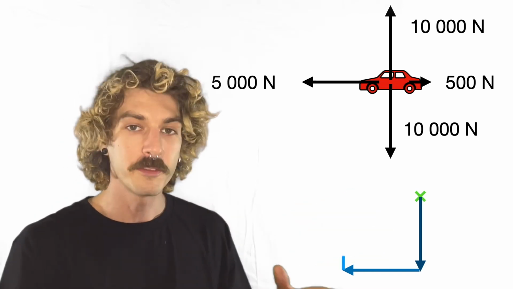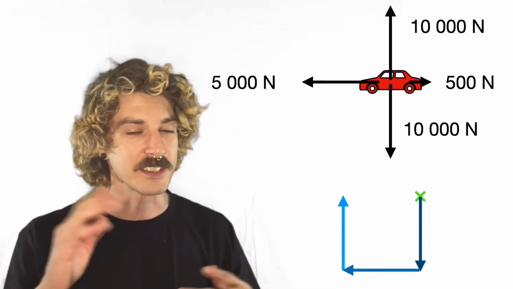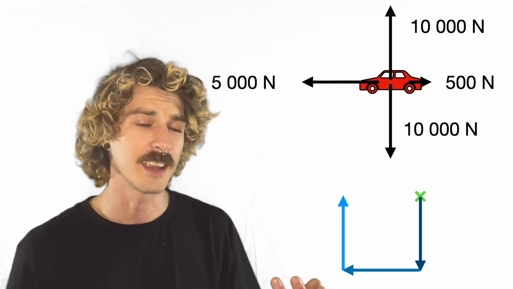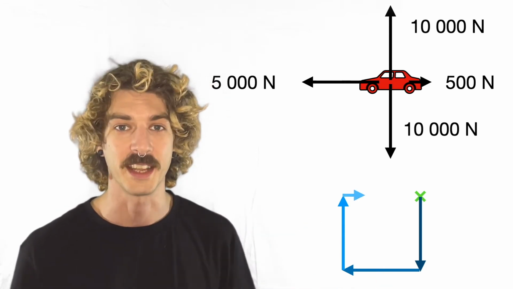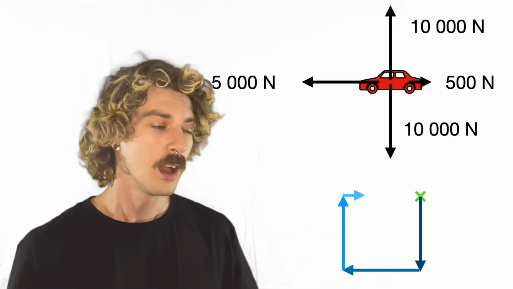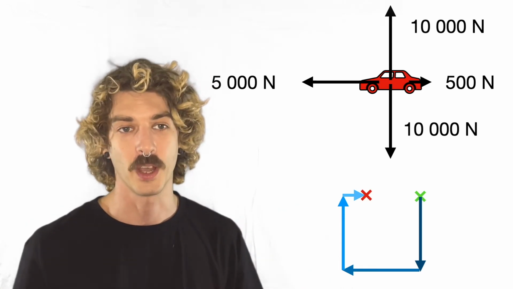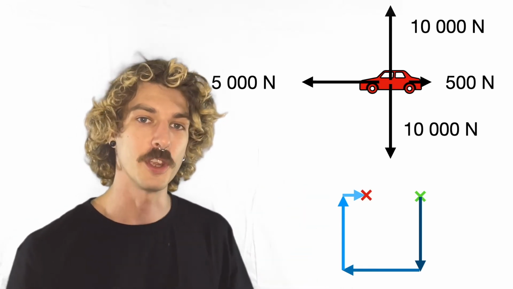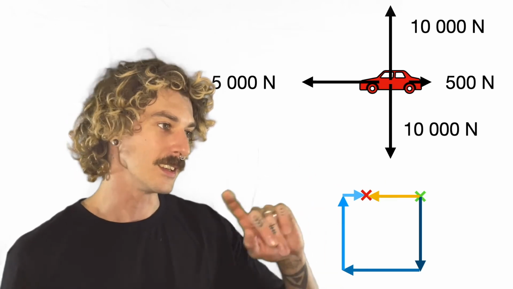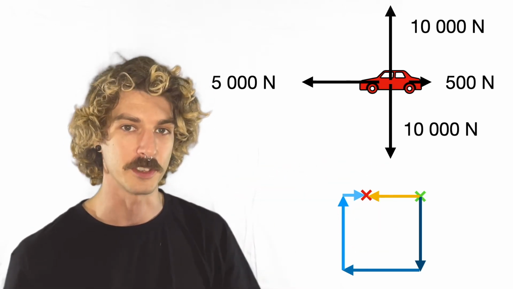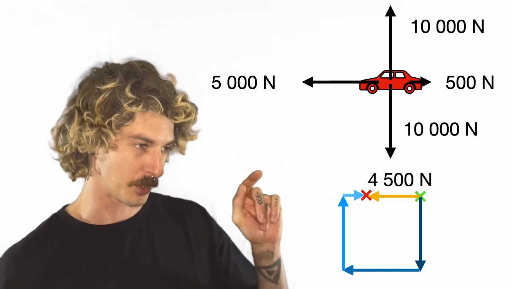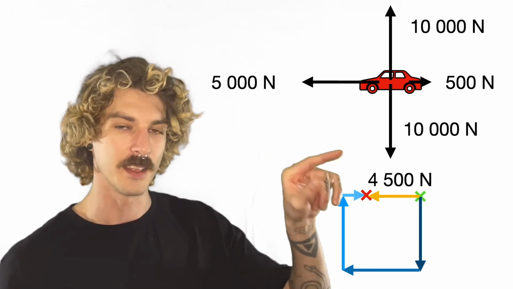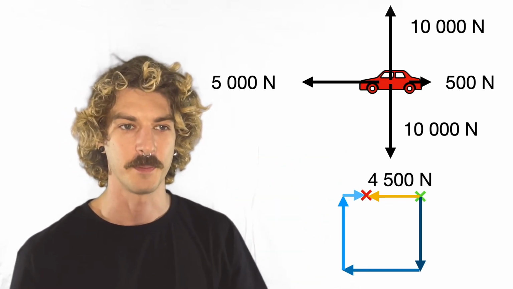You can figure out the magnitude either by having some scale, like say 1,000 newtons equals 1 centimetre, for an example like this maybe, or you could even just work it out. You can use geometrical arguments and you can see that the magnitude of this resultant vector is going to be the difference between this 5,000 and this 500, like that.